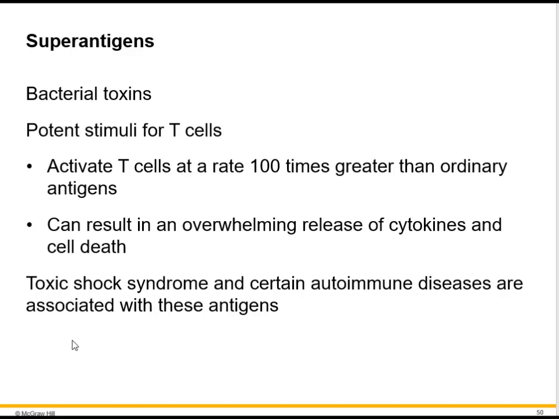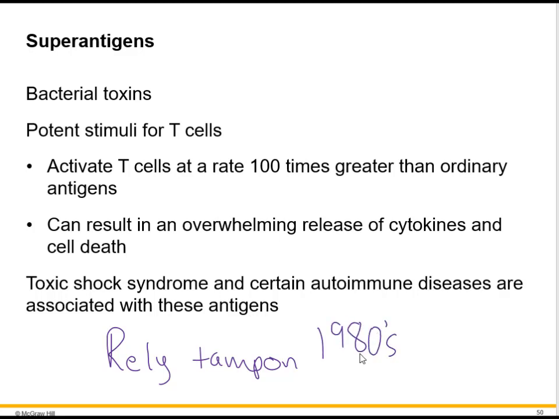So this was just making a note that this is like the Rely brand of tampons. We found that they were creating these toxic shock syndrome cases in the 1980s. And they took these off the market because there were so many cases of this.